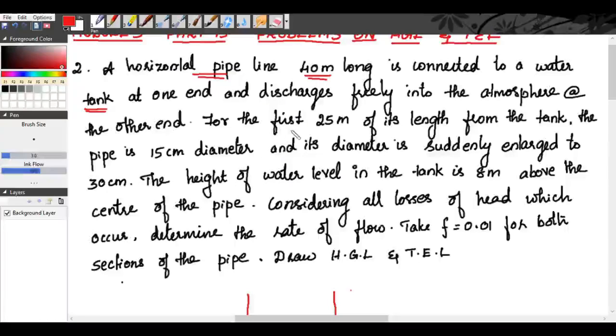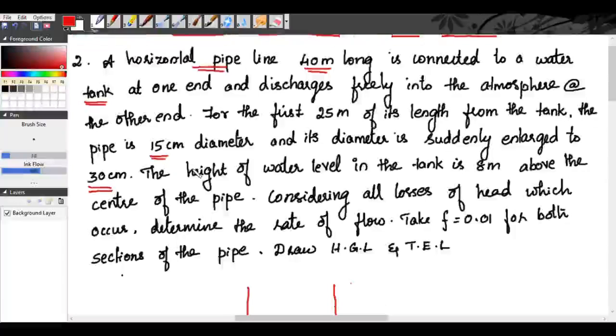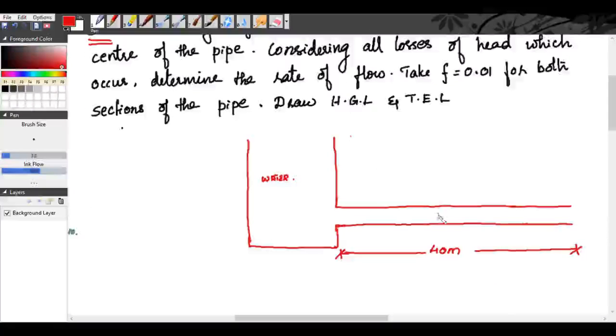Now, for the first 25 meter of its length from the tank, the pipe is 15 centimeter diameter and its diameter is suddenly enlarged to 30 centimeter. So for the first 25 meter of its length from the tank, the pipe is 15 centimeter diameter and then it is doubled to 30 centimeter. So we shall take up to here.